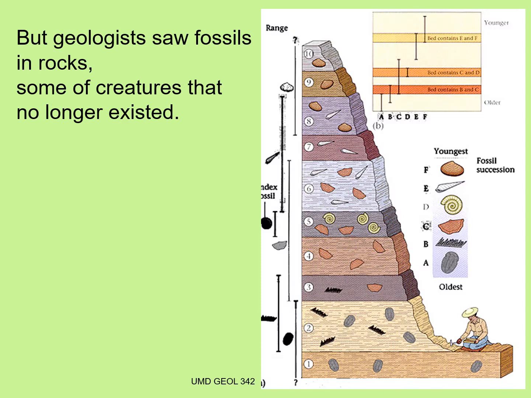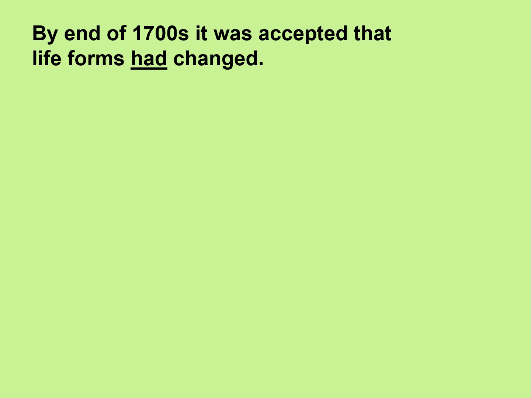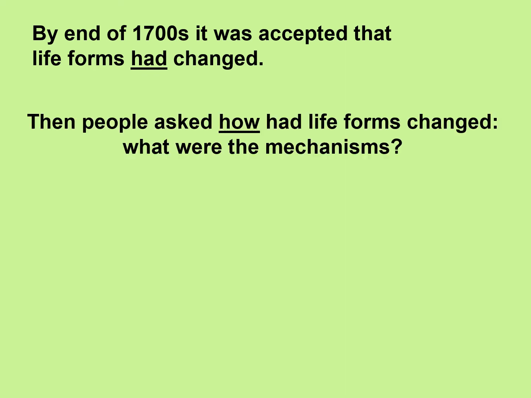Some of these fossils were of creatures that no longer existed. Geologists studied the stratigraphy, that is, the layering of rocks. They could identify strata, layers of rocks, and they noticed a sequence of events, especially in the fossils. So by the end of the 1700s, it was generally accepted that life forms had changed.